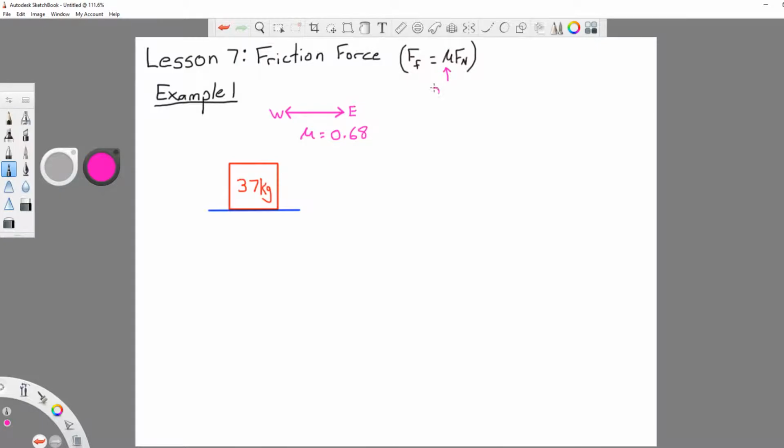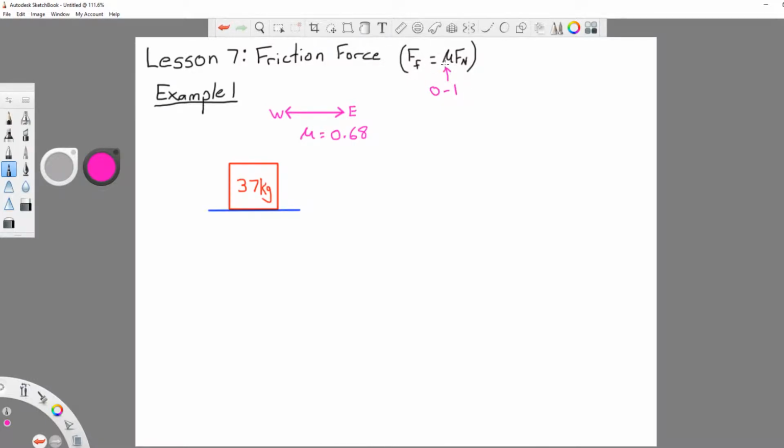This usually ranges from a value of 0 to 1. Where 0 would be a perfectly smooth, frictionless surface. And if we multiplied our normal force by 0, well, we would get 0 friction. As opposed to if we had a value of 1, every bit of normal force would translate to force of friction.